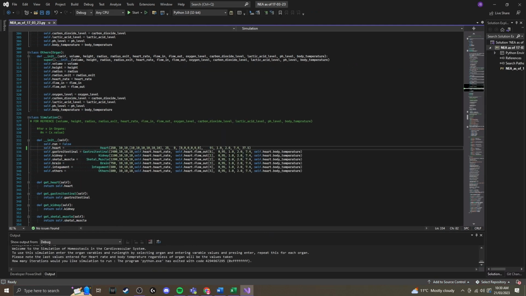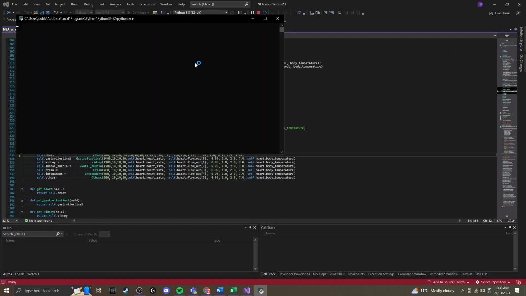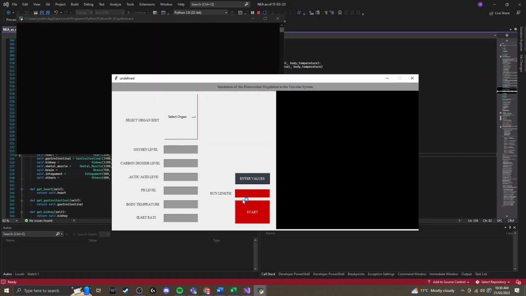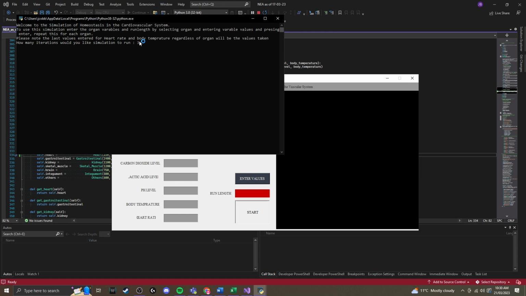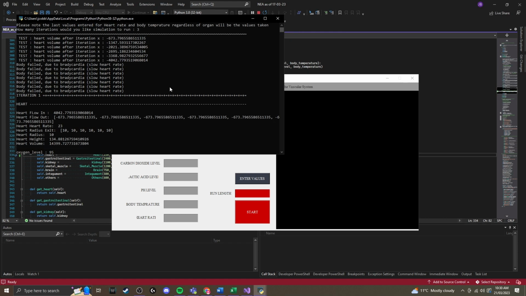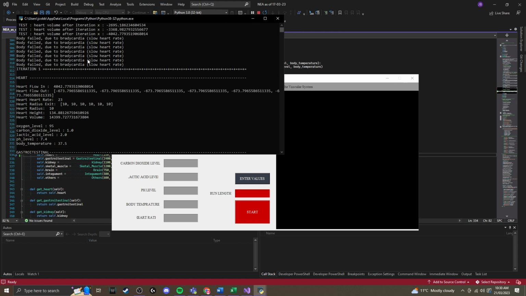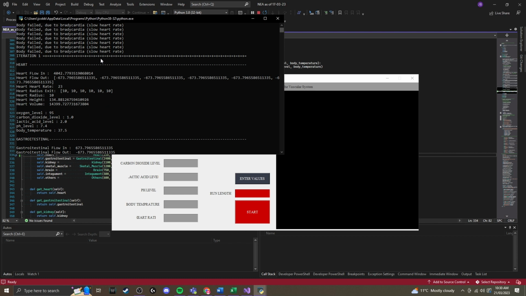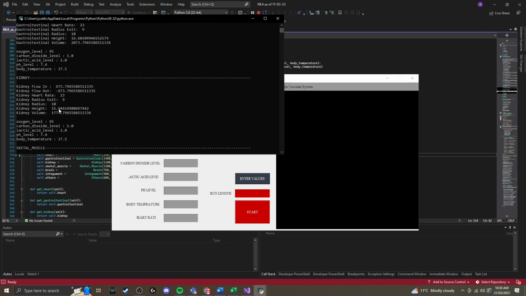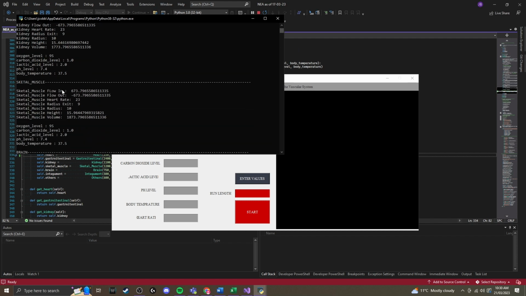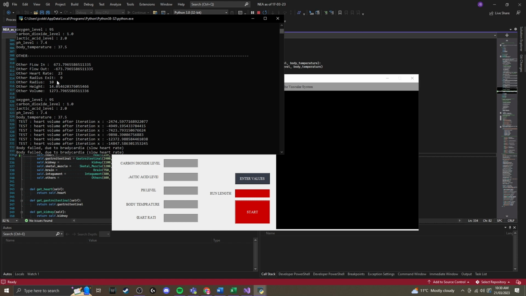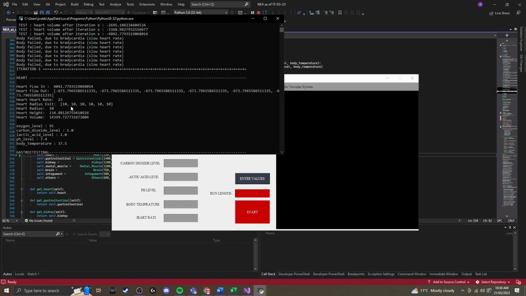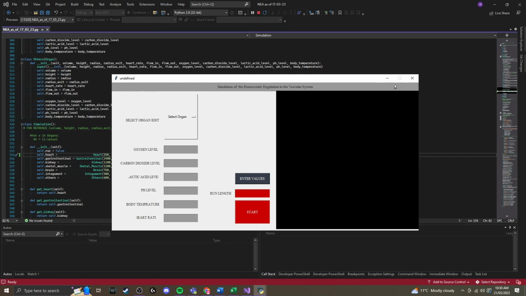Then if we were to change it to say 23, which is below 25, and we run the simulation, we can see that due to bradycardia, which is a medical term for slow heart rate, the body has failed, and you can actually see this below that the flow in and flow out are extremely low, so none of the organs are getting enough blood and therefore would die.